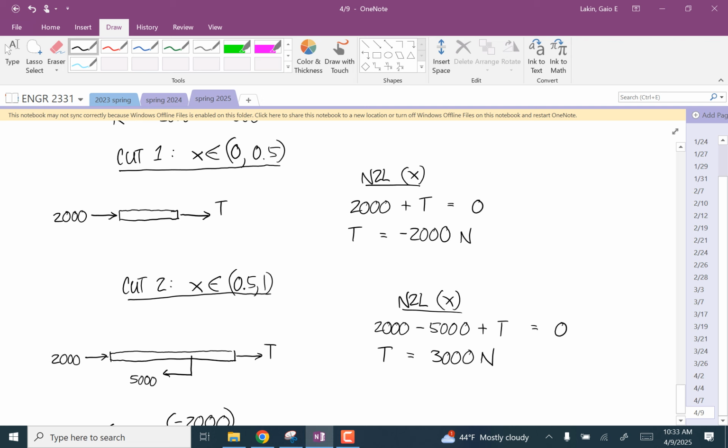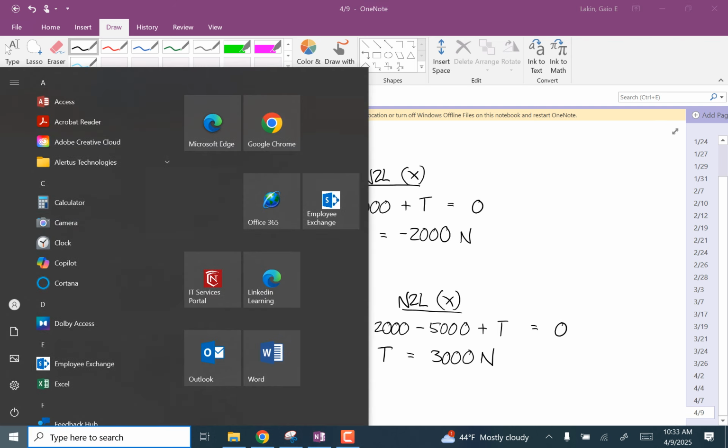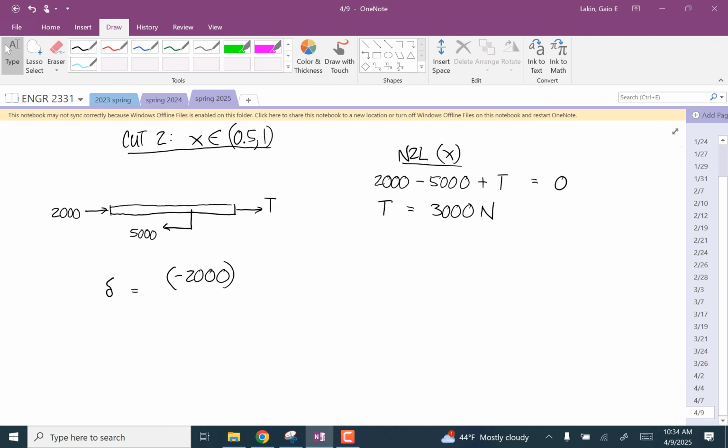That's over the interval from 0 to 0.5. Divided by E, 100 times 10 to the 9, times the cross-sectional area.